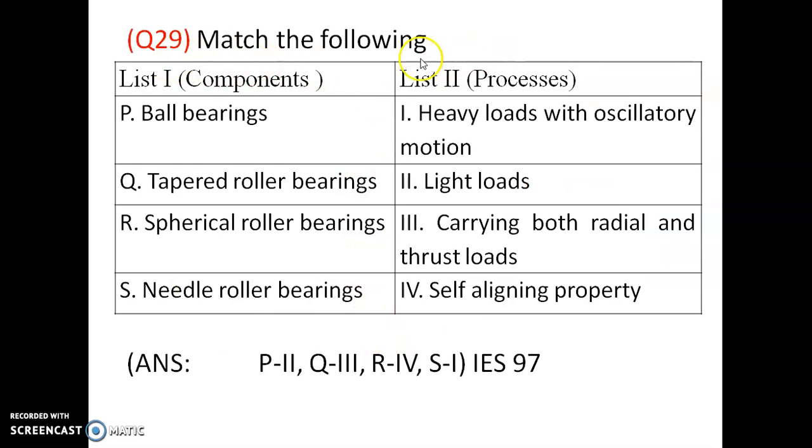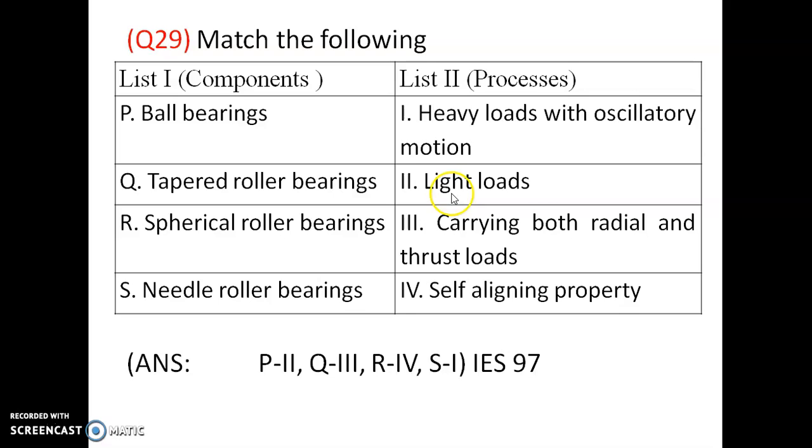Then match the following. It is an IES 97 question. Tapered roller bearing carrying both radial and thrust loads: Q is 3. Ball bearings can carry only light loads: P is 2.